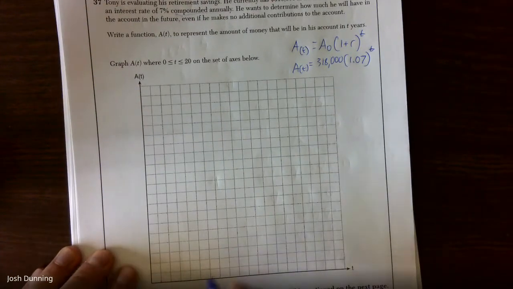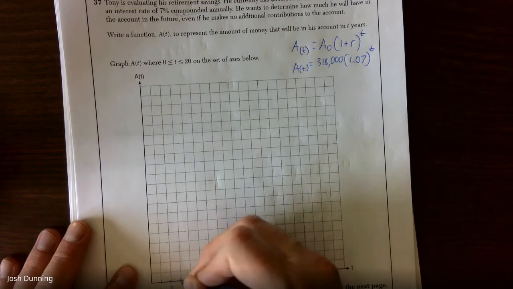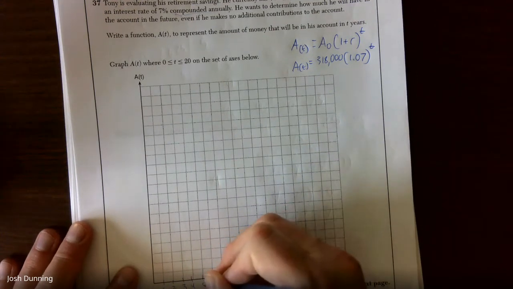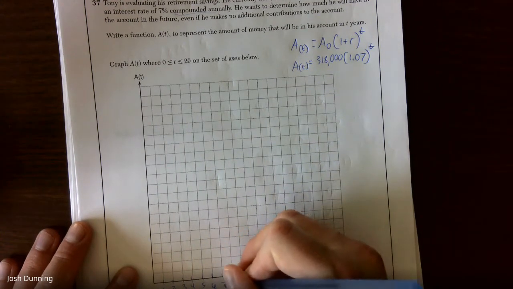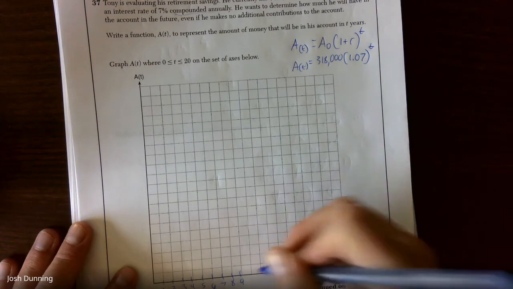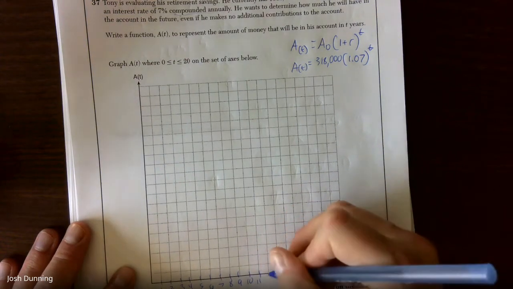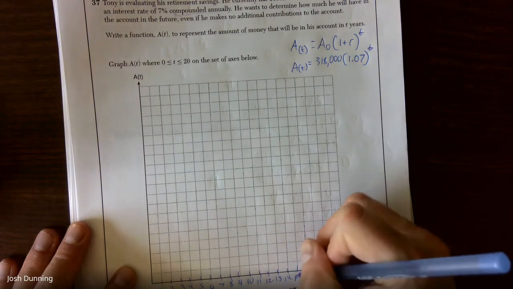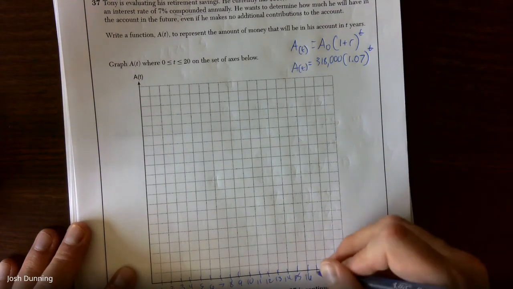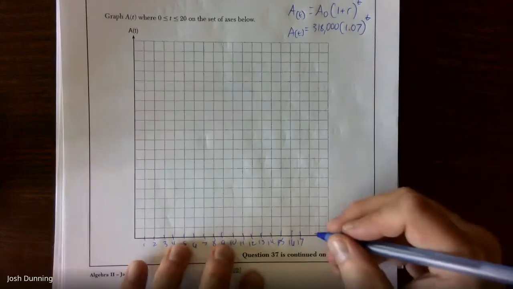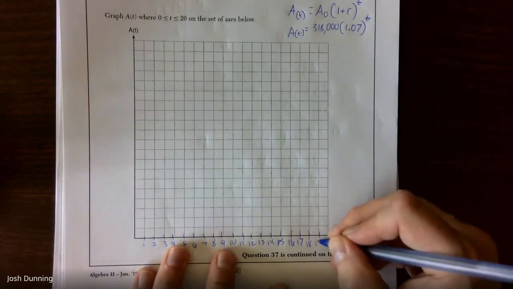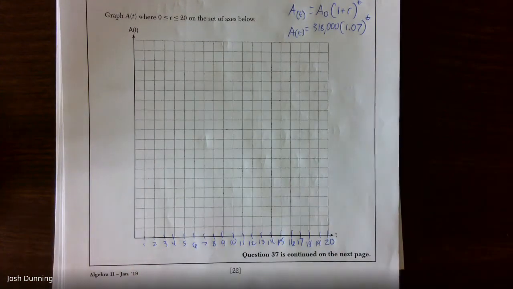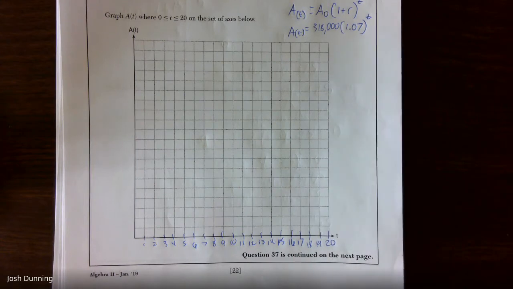Let's see, 1, 2, 3. You don't have to do this since we're going by ones. I just want to make this easier on myself to graph. And yep, you got to use every box.